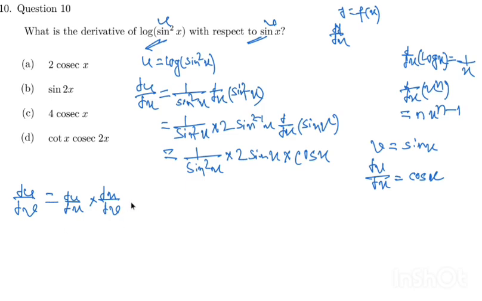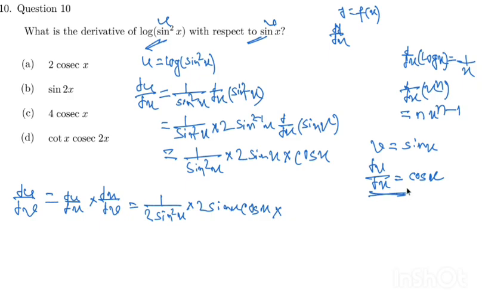So just we will put both the values and we will simplify. At first put the value of du/dx. It is 1 by 2 sine square x multiplied by 2 sine x cos x. And now we have to multiply it by dx/dv.